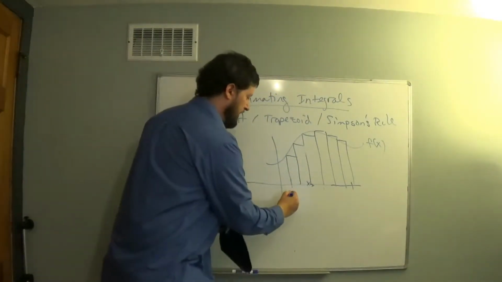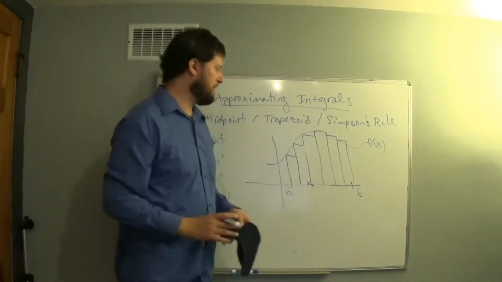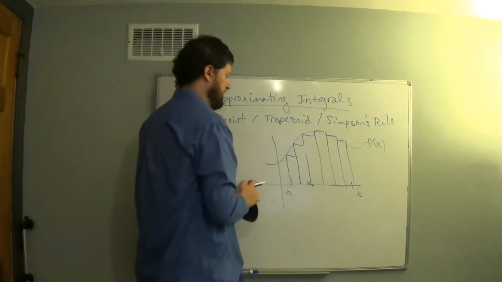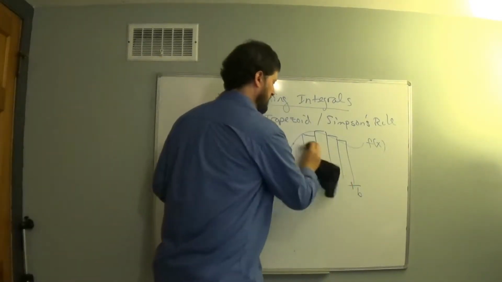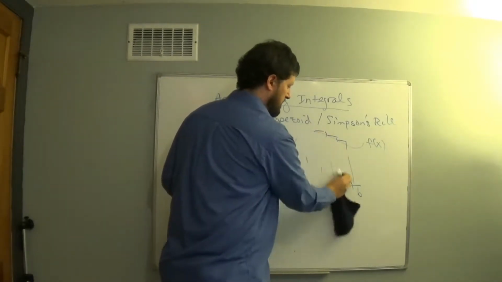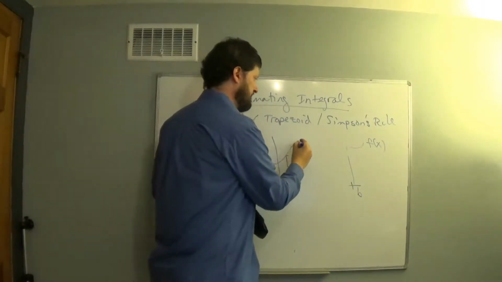So we still have A, we still have B, we still have x sub i in the middle, but instead of evaluating the function at all of these points along the curve that we saw there, we're going to evaluate the function somewhere else.